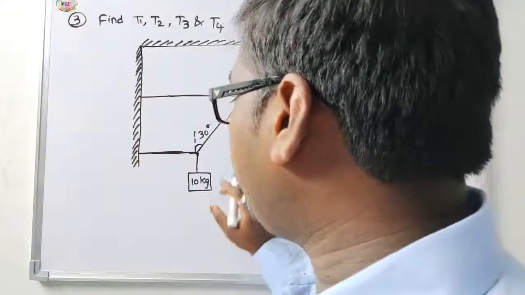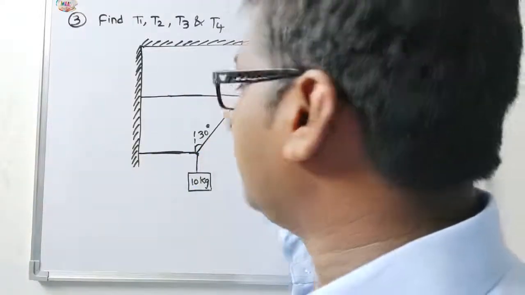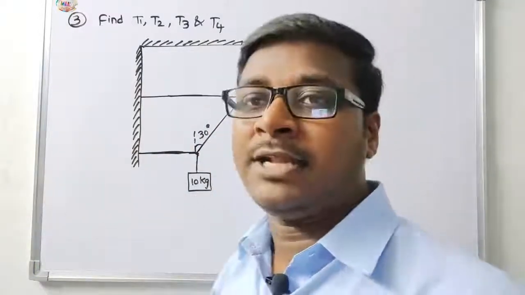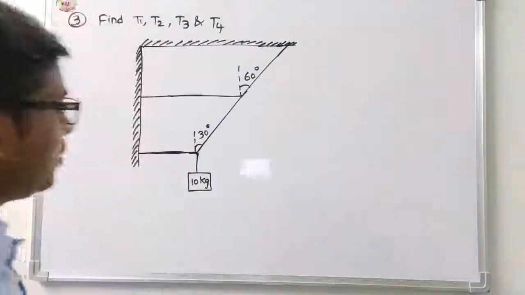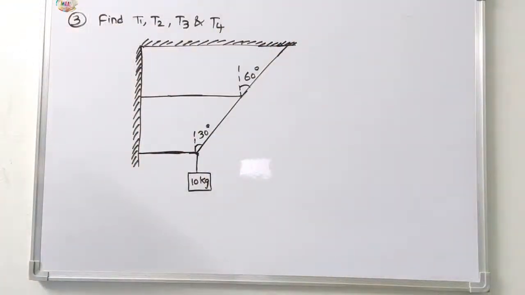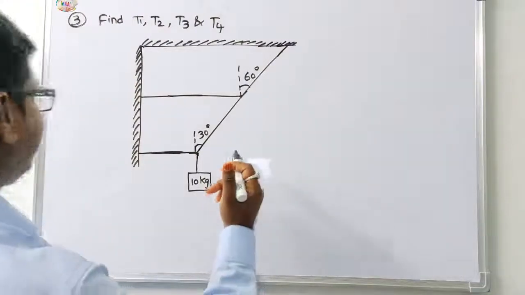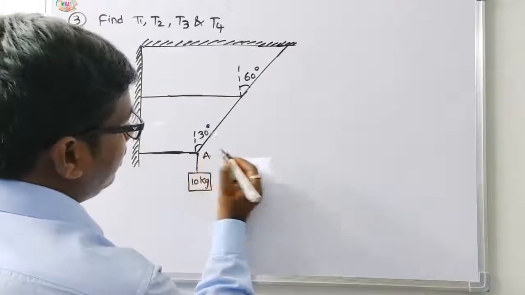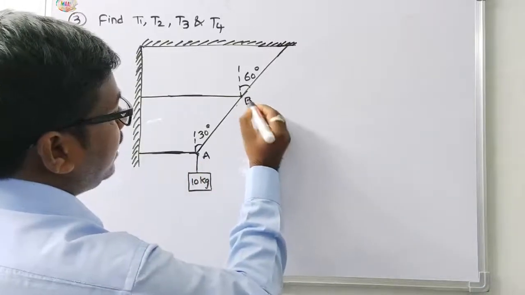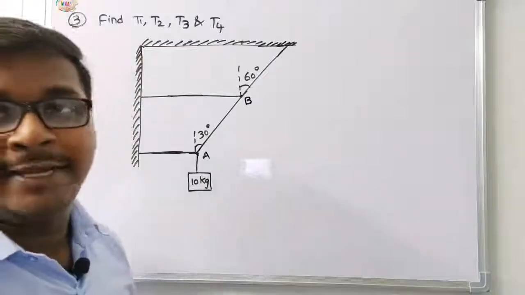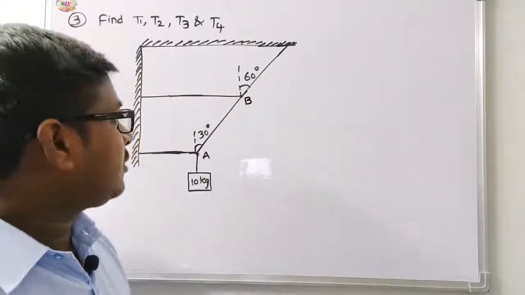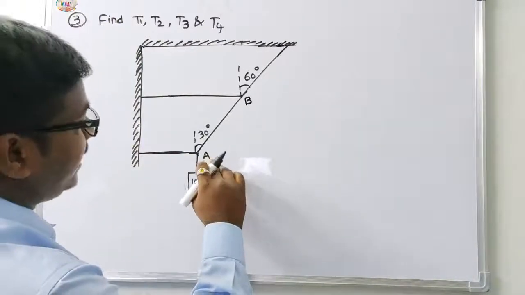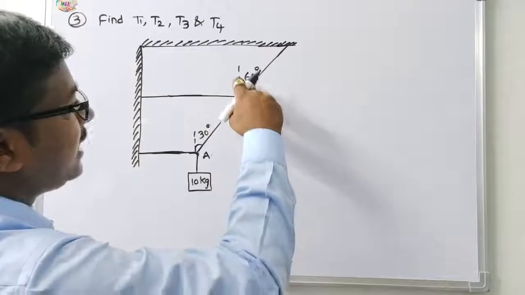In this one, there are four or five types of tensions applicable. Take the 10 kg block, and take two points, A and B. Point A is making an angle of 30 degrees, and point B is making an angle of 60 degrees.